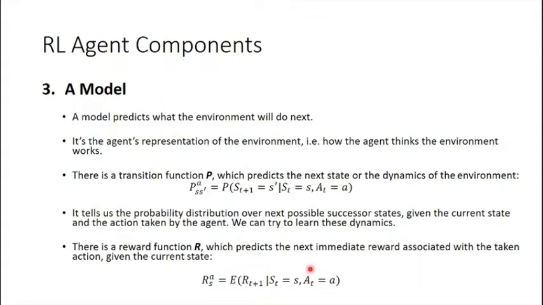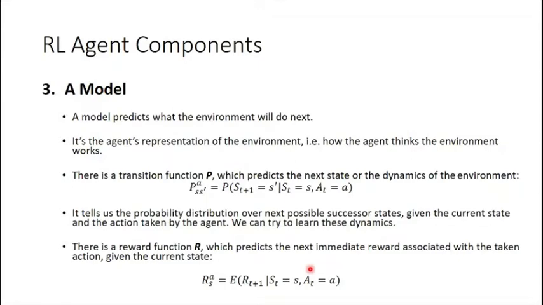The third component that is usually present or not present, depending upon the type of agent that you may have, is the model. So the model is a predictive system which is going to say what the environment will be doing in the next step.